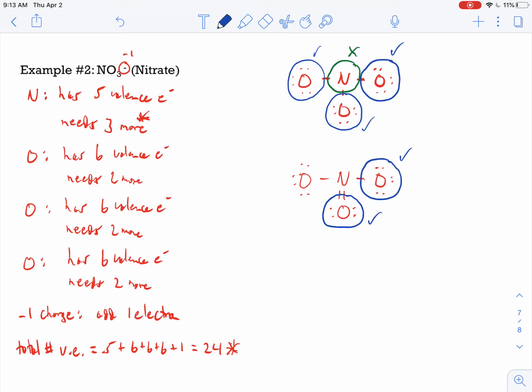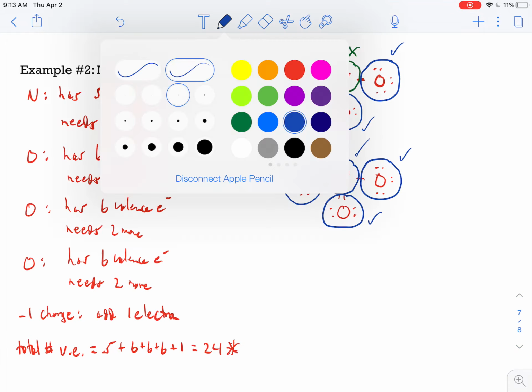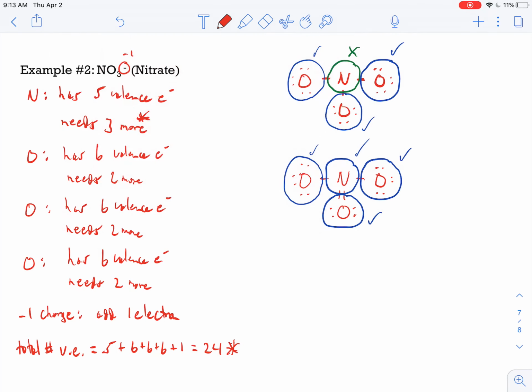Oxygen on the left, we have a single bond with 3 lone pairs. That takes care of our 8. And if we look at our nitrogen in the middle here, it's going to have a total of 8 electrons due to these covalent bonds. So that looks good. So all I'm going to do is redraw that structural formula.